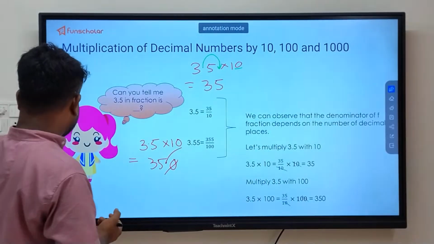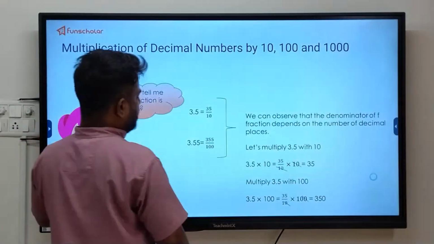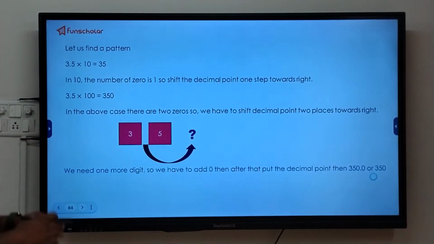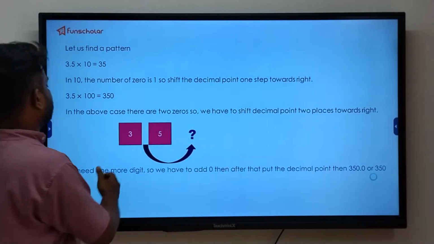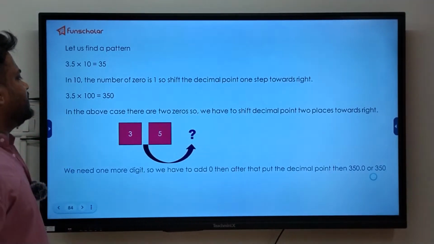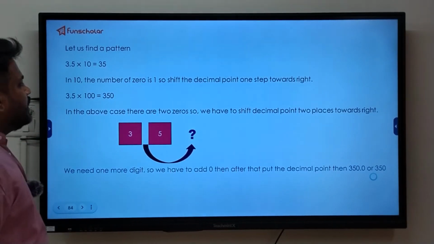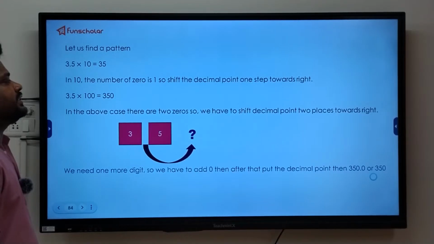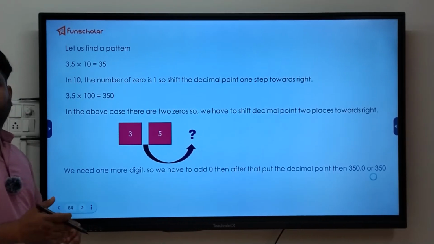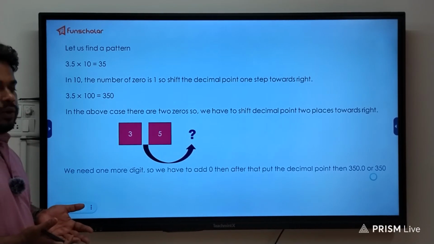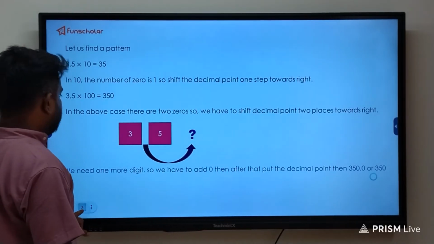Let's do some more examples so that you can understand it better. Here, in 10 the number of zeros is 1, so shift the decimal point one step towards the right, and we are doing it right here and also here.